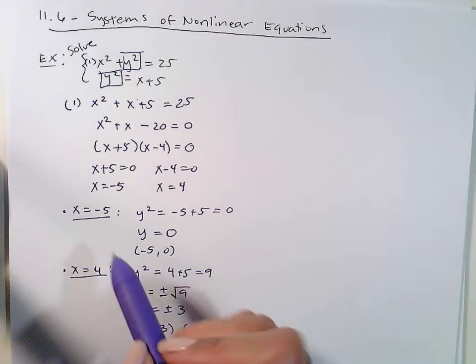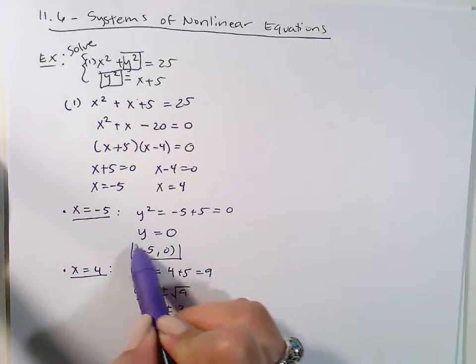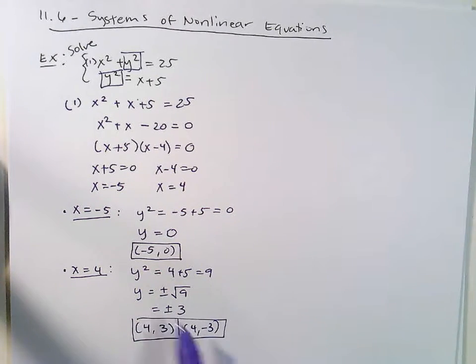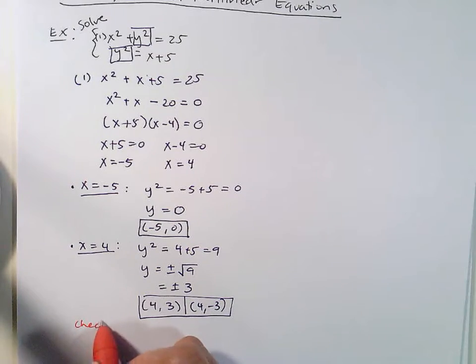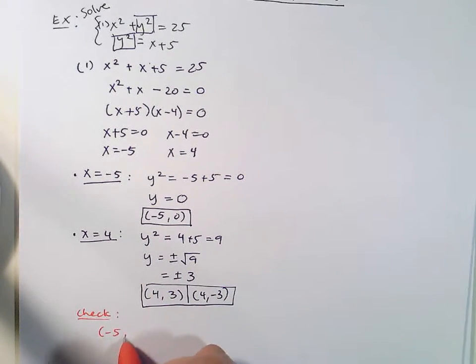But we actually have to double check that all of these are actual points of intersection. So when you have a system of nonlinear equations, we need to check these solutions. In order to check the solutions, we plug them back into both equations. So if I want to check them, I'm going to check negative 5, 0, and I'm going to do so in the first equation.